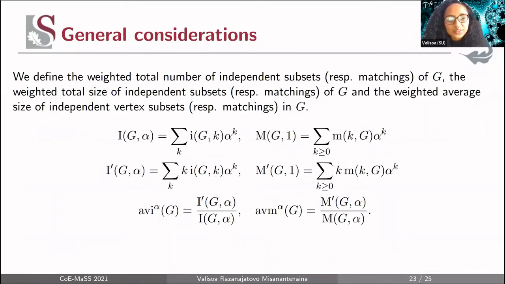And then we took the weighted average size of G, which is just the ratio between these two quantities. And we do the same for the matching cases.